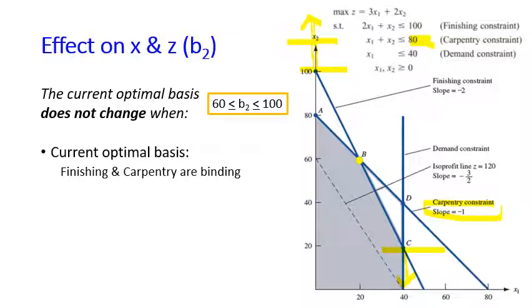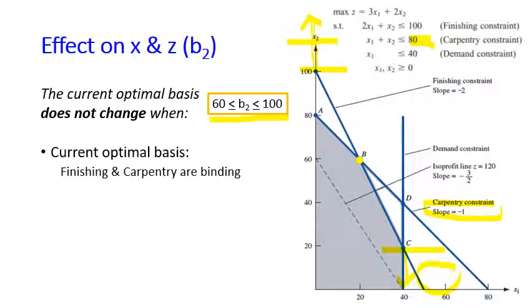Same here, if you go lower than the point C, the intersection between carpentry and finishing happens outside of the feasible region. So if you do the analysis, you will obtain that as long as B2 is between 60 and 100, then the current basis does not change. However, remember the value of X changes.